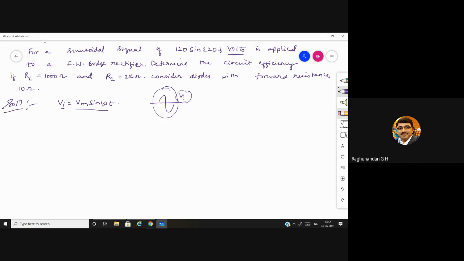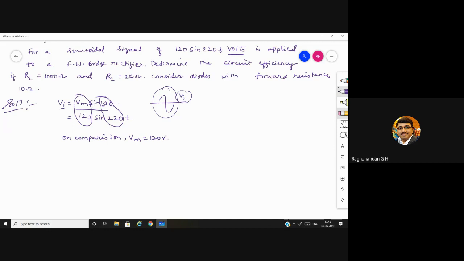Now compare this equation with the given equation, 120 sine 220 t. On comparison, we come to know that Vm is equal to 120 volt.